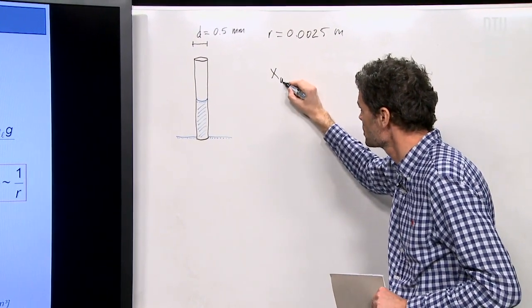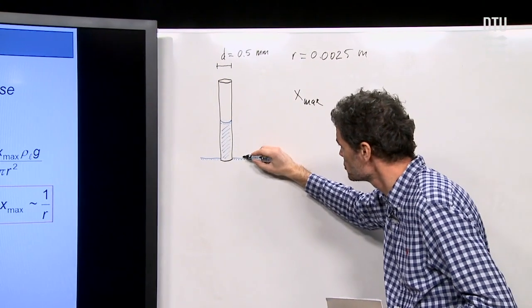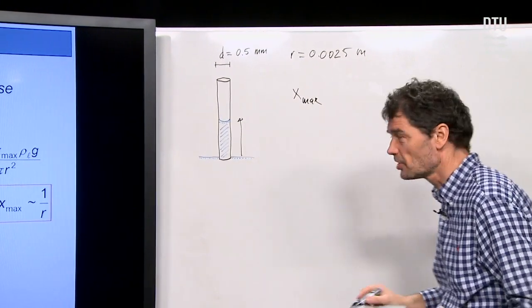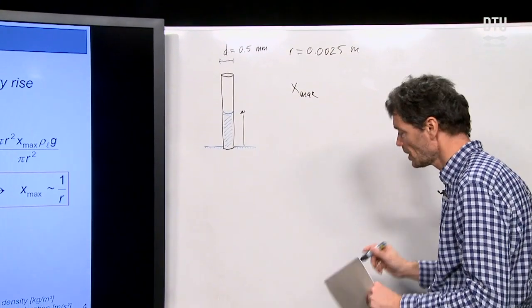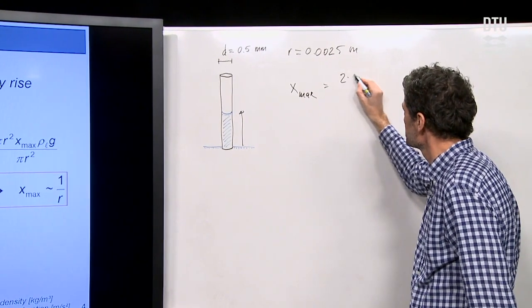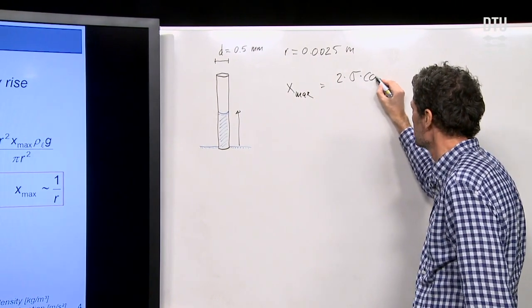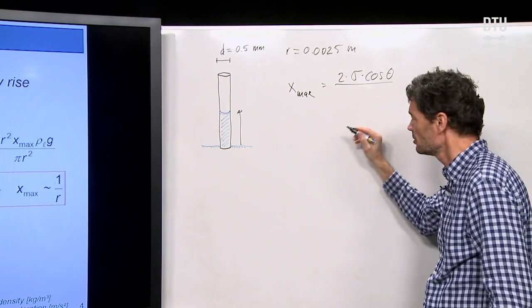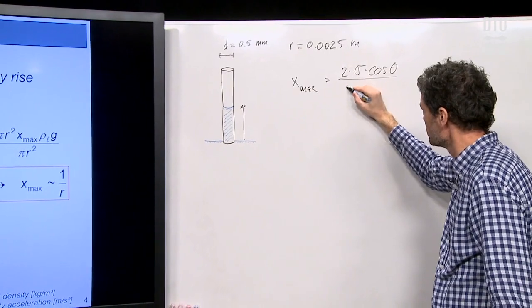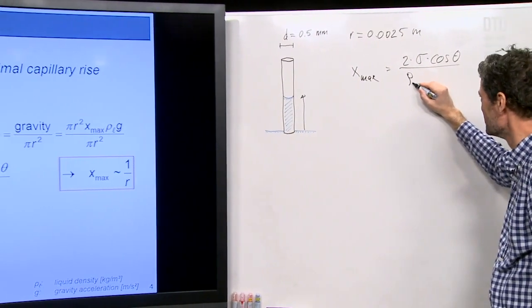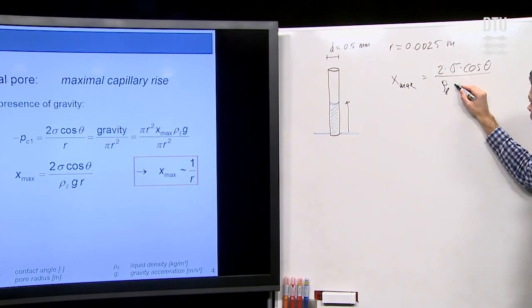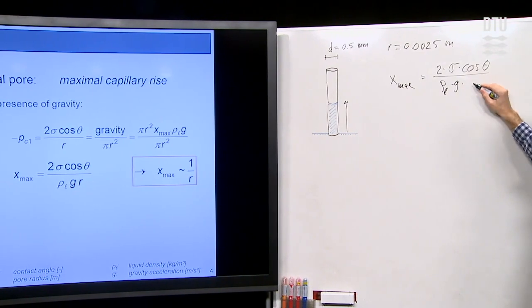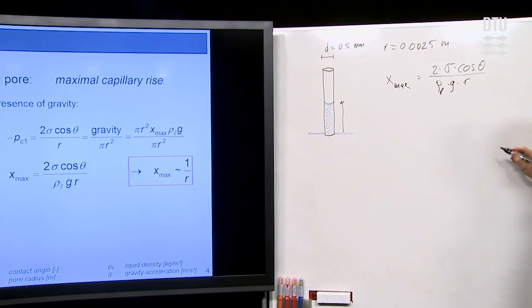So x max: the height at which we can have suction of water into our tube is 2 times sigma times cosine of the contact angle, divided by the density of the liquid, the acceleration of gravity, and the radius.